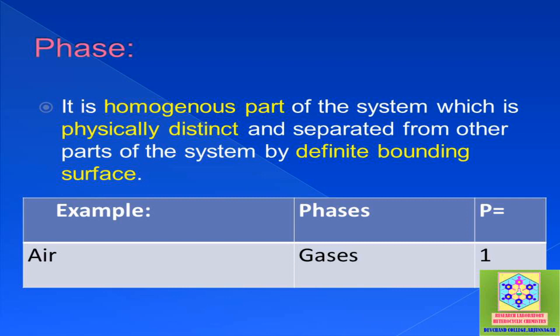The first example of this is air. Air is a mixture of different gases, but all the gases are present in a gaseous state. We cannot distinguish one gas from other. So, air is an example of a system having number of phases P = 1.